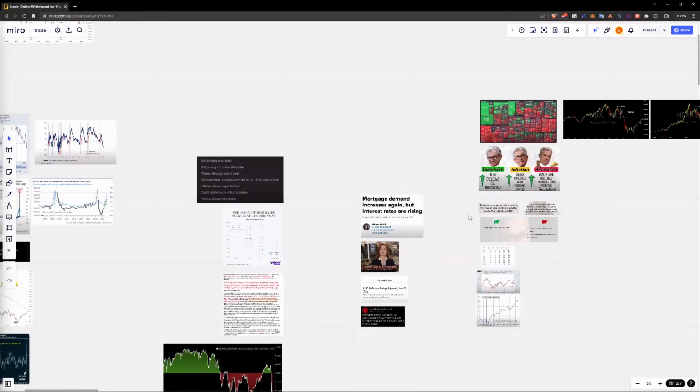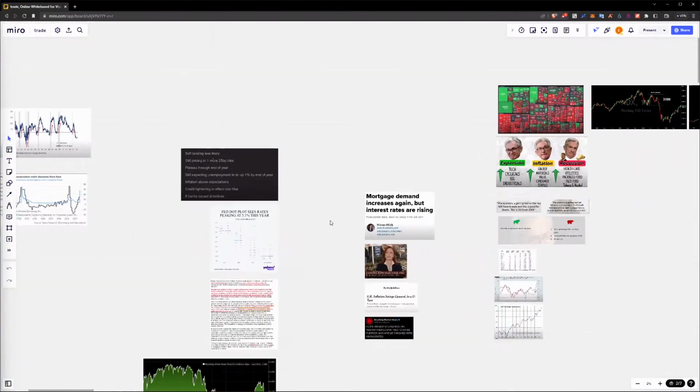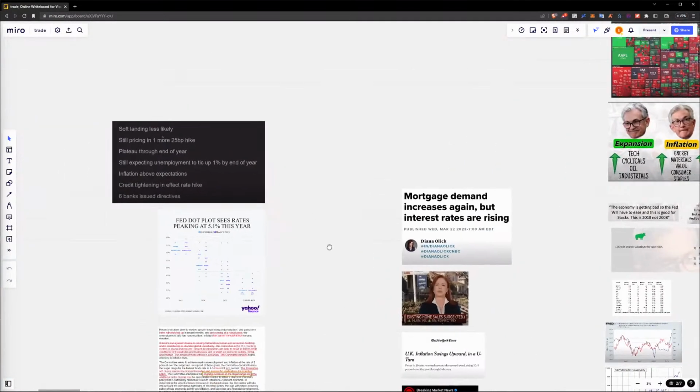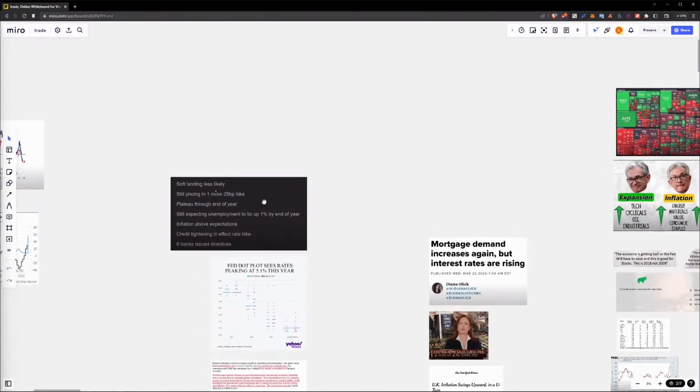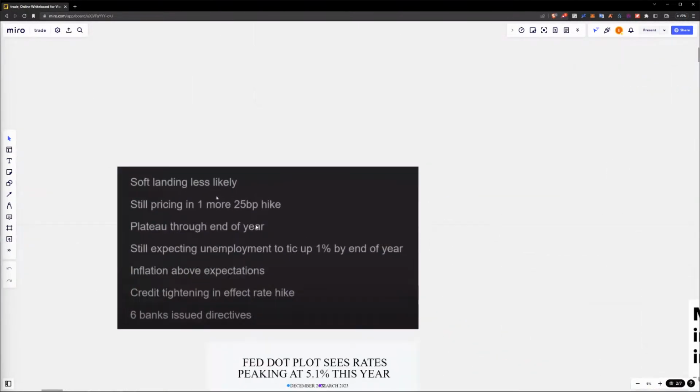So with all this confusion, we had the Federal Reserve meeting, and this is somewhat of a summary of what's been talked about. The Federal Reserve believes a soft landing is less likely, and they have another rate hike they want to do. And after that, they want to hold till the end of the year.